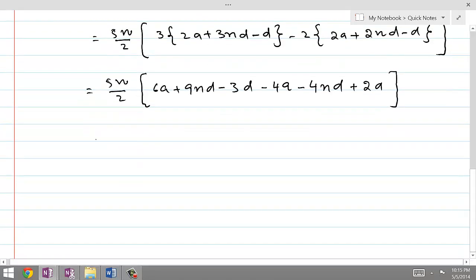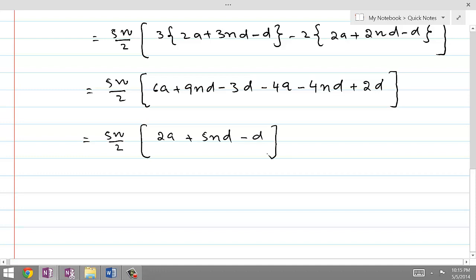And now we have 5n by 2. If we subtract 4a from 6a, this will give us 2a, plus 9nd minus 4nd will give us 5nd, and minus 3d plus 2d at the end will give us minus d.